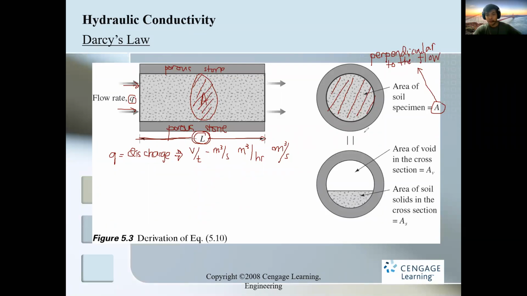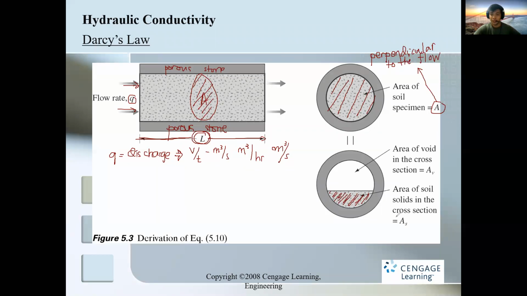Now on the lower right figure, we can say that if we try to rearrange our soil sample according to density, of course the solid particles will be settling down at the bottom of the container.